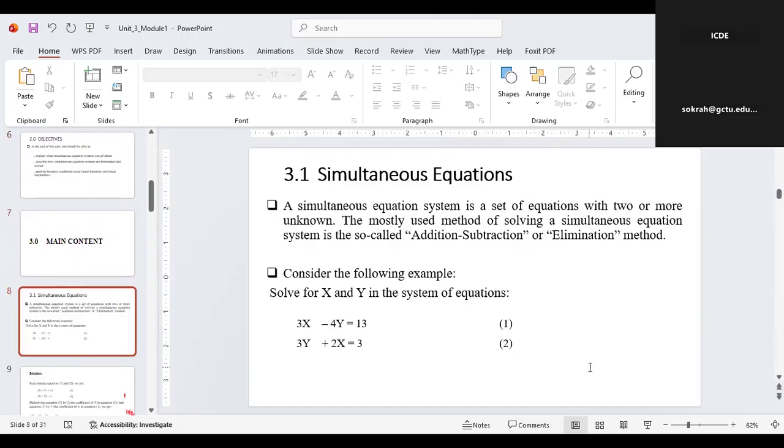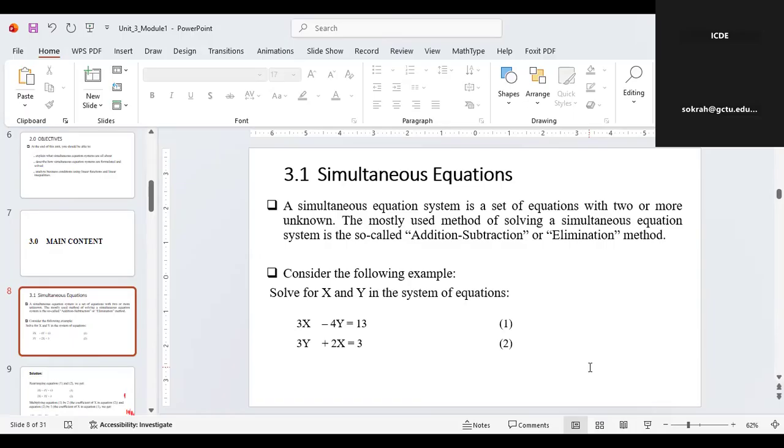Good. So we are saying that the simultaneous equation system is a set of equations with two or more unknowns. The mostly used method of solving simultaneous equation system is the so-called addition, subtraction, or elimination method.